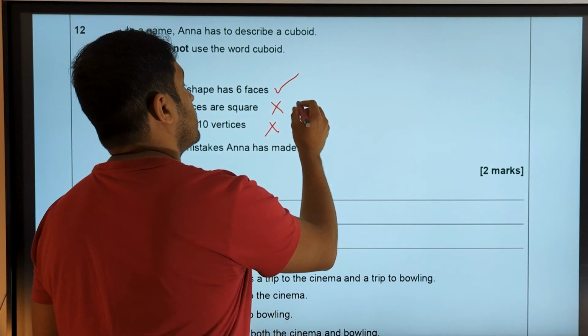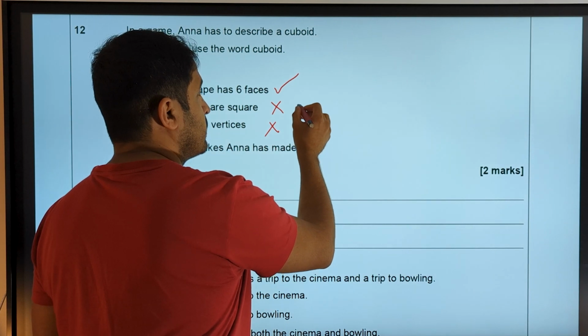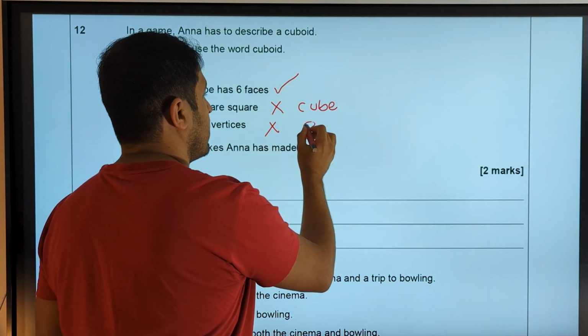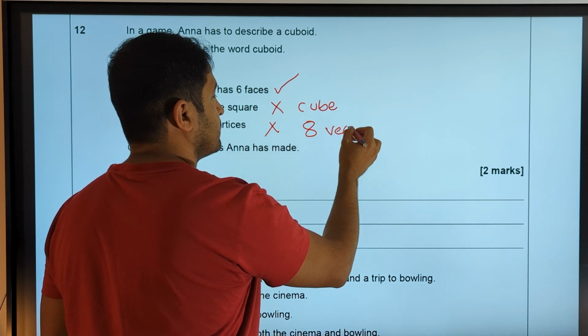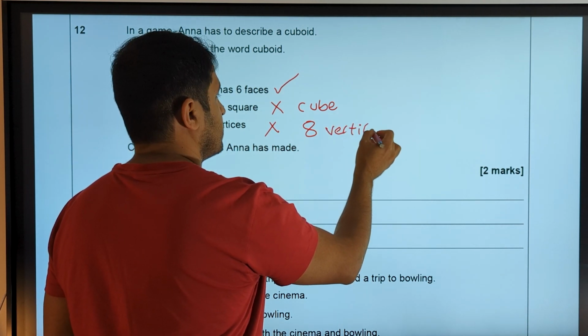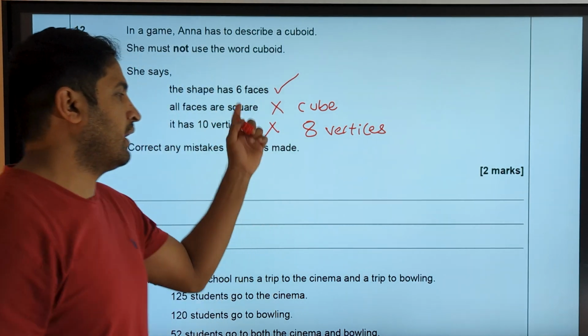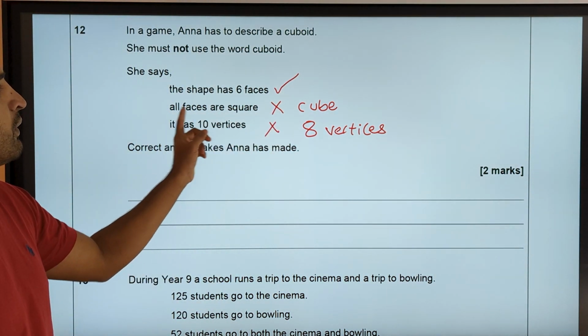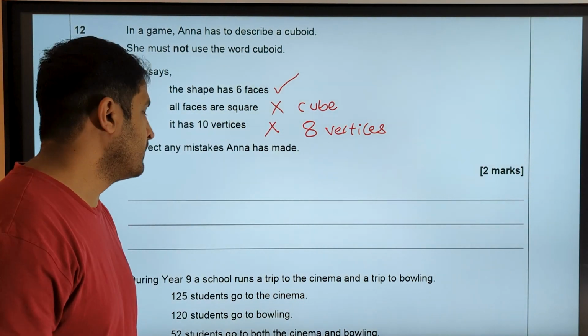So it doesn't have to be all square. If it's all square, then it's a cube. And it has 8 vertices, 8 corners. Those are the 2 mistakes that she made, and you get 1 mark. If all faces are square, then it's a cube.